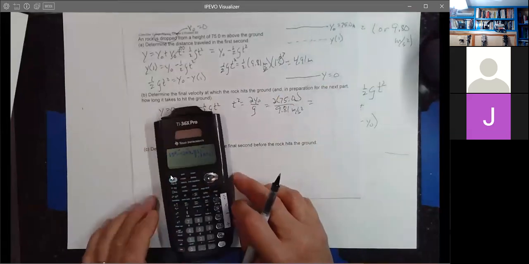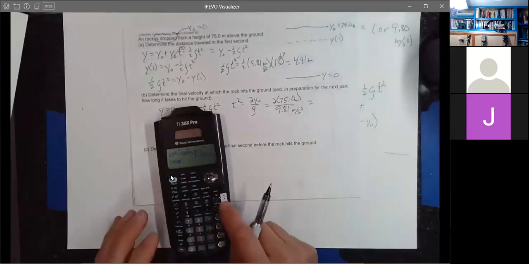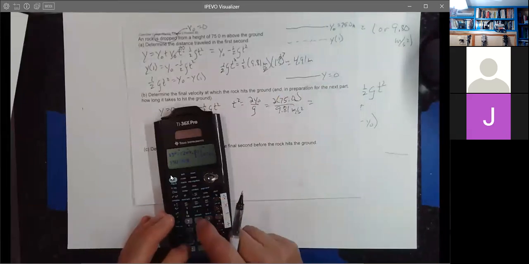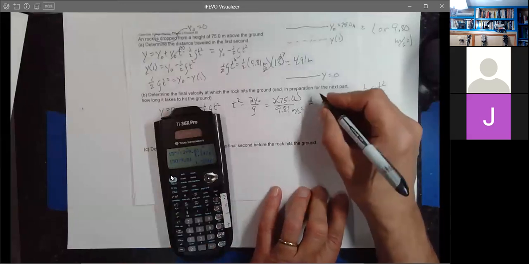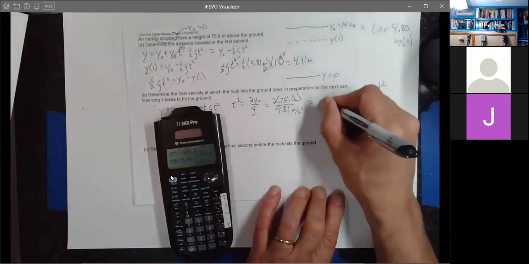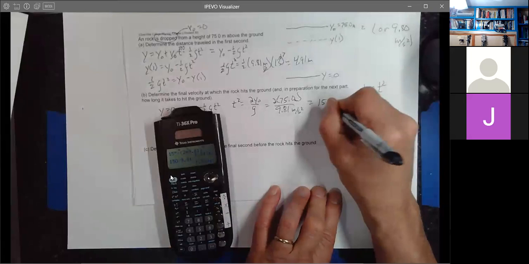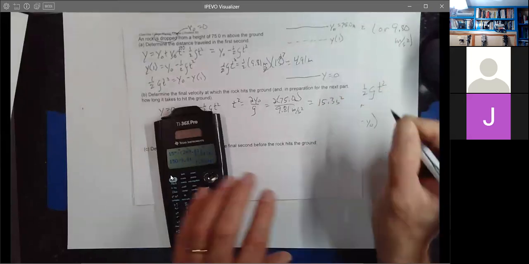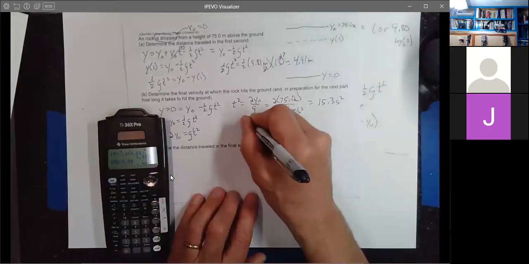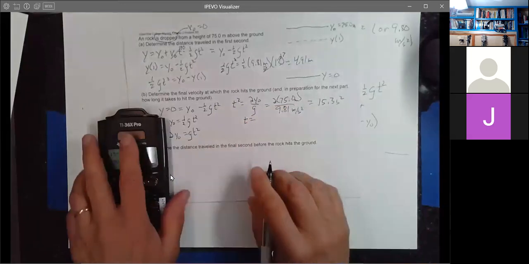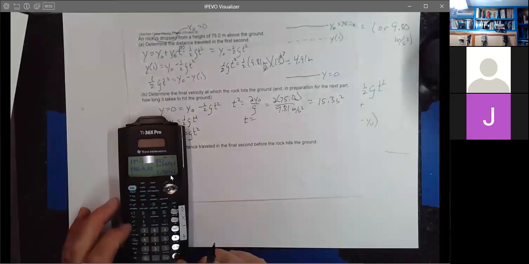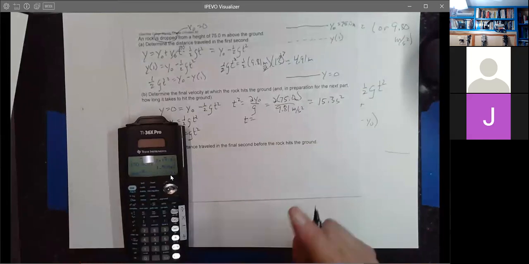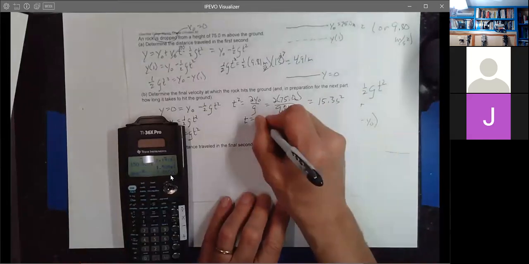I've already done that once today. And I get, let's see, about 15.3 seconds squared. So the time it takes to hit the ground is going to be the square root of that, a little less than 4. 3.91 seconds.